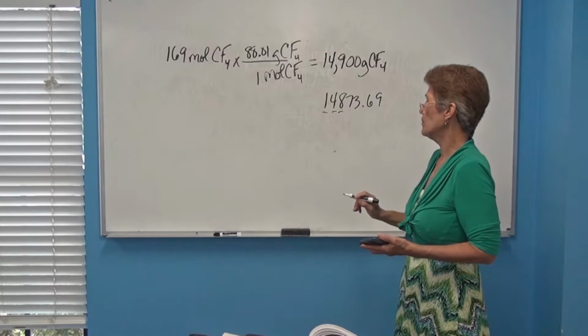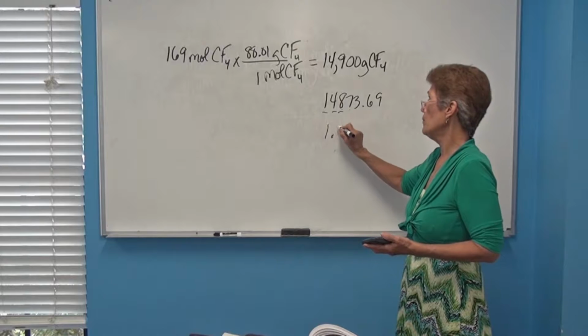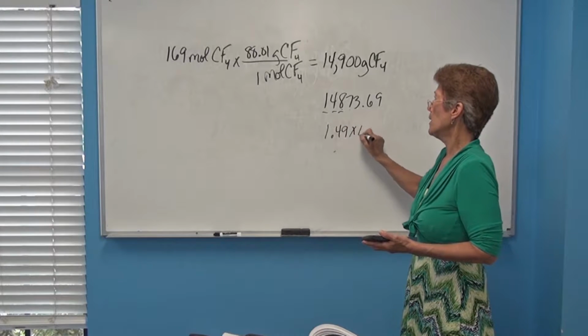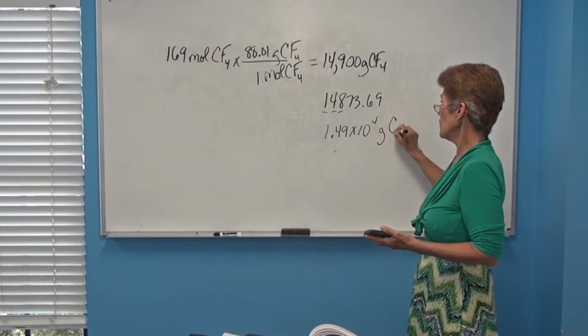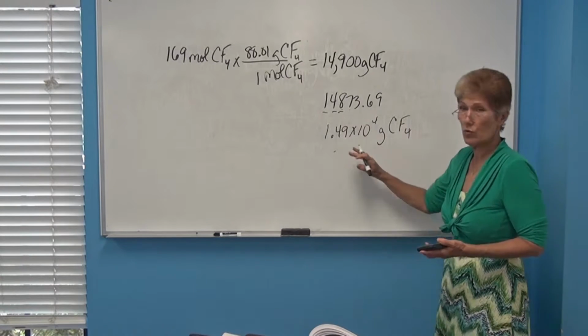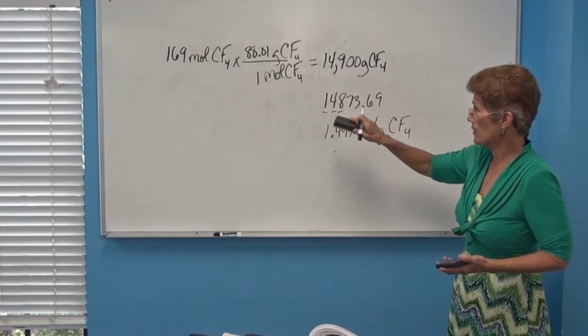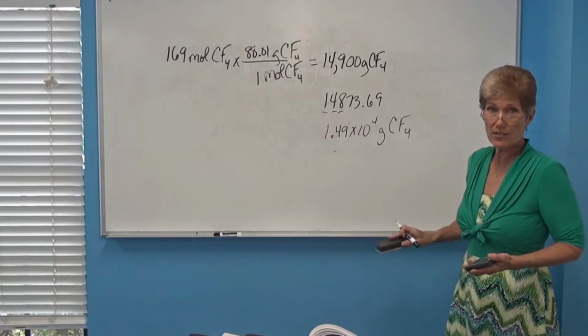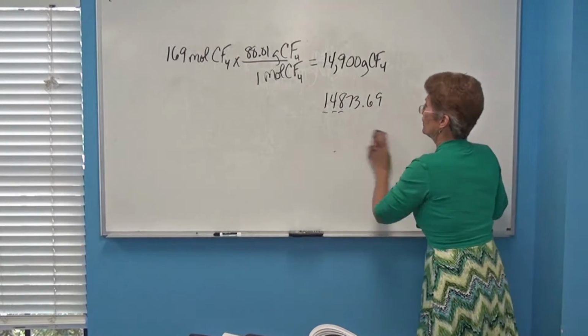So this is going to be your answer. You could have written that answer as 1.49 times 10 to the 4th grams of carbon tetrachloride had you chosen to. So that was what came out of the calculator, but because of the 3 significant figures, you're going to have one of these 2 answers for it to be right. Okay?